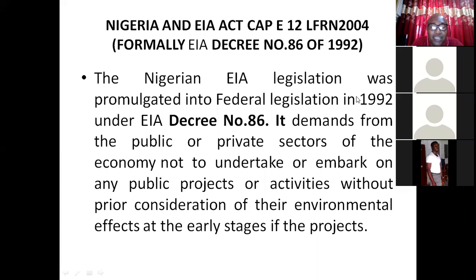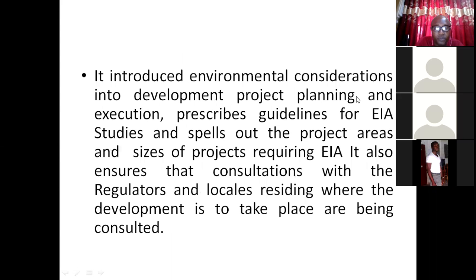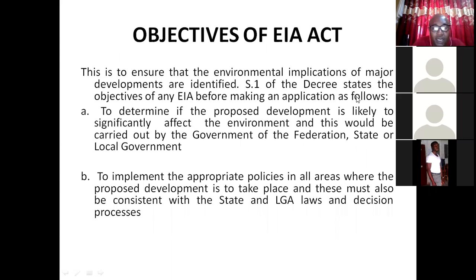One of the laws that started due to the fallout of that toxic waste is the EIA Decree 86 of 1992, which has now metamorphosed into the EIA Act Cap E12, Laws of the Federation of Nigeria 2004. I listed under Schedule 1 of the decree or the act what the objectives of the EIA are.